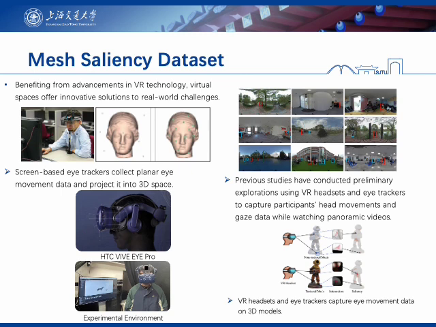Benefiting from advancements in VR technology, visual space provides a solution to real-world challenges. In previous research, many explorations were conducted using VR datasets and eye trackers to capture participants' eye and head movement and gaze data while watching VR video.